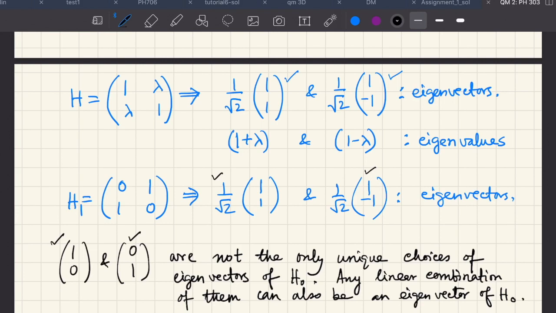And what the perturbation does is to basically break the degeneracy. All those equivalent eigenvectors suddenly are not equivalent, and there are some preferred ones. So this is exactly what is happening.